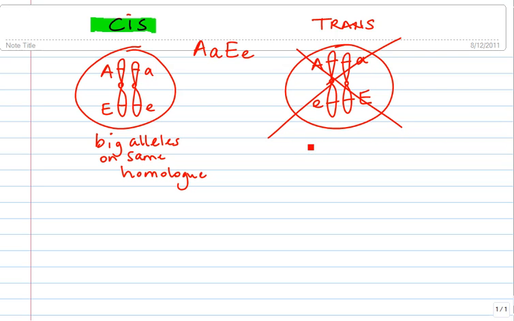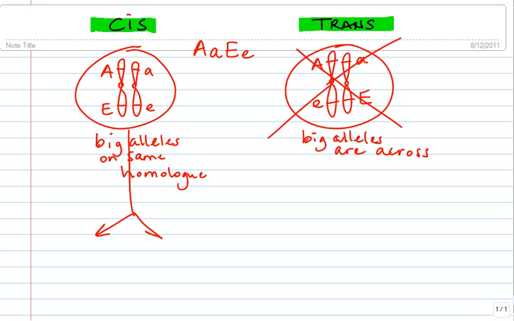And so now the big alleles are across, and that means that we have a trans configuration. This does make a difference when you do meiosis.